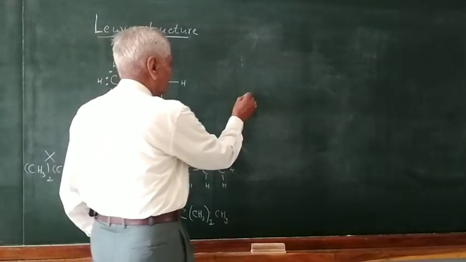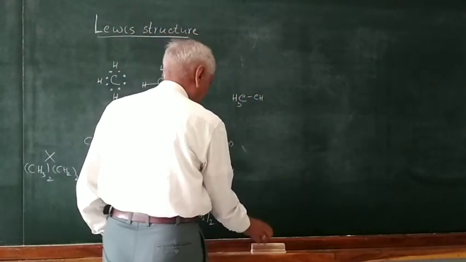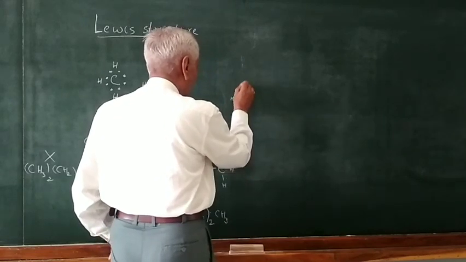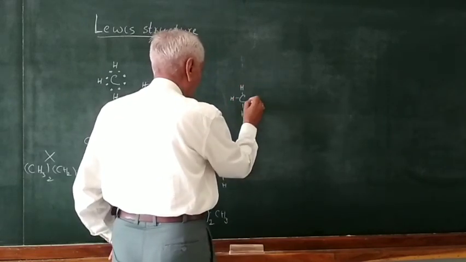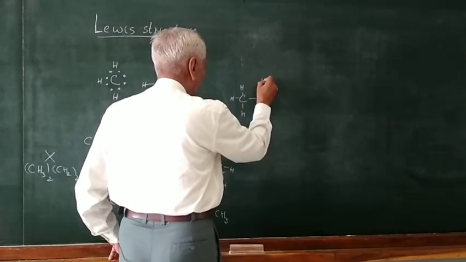Suppose you have got a compound like this, CH3, the Lewis structure, right? So tell me how you can write the condensed structure of this compound.